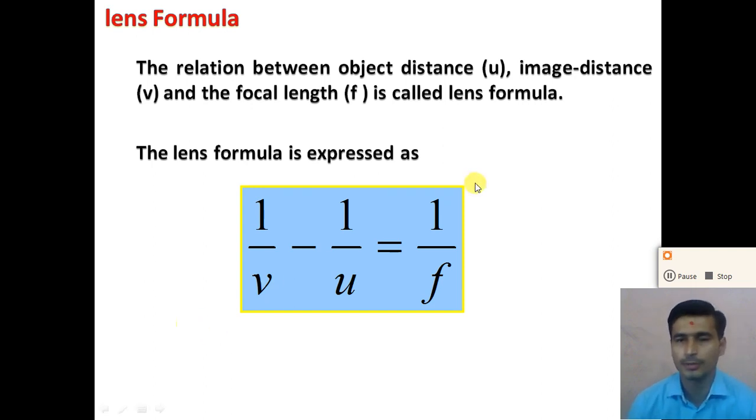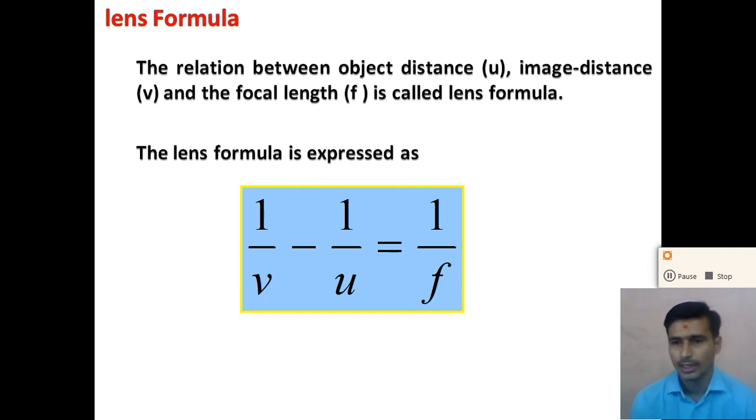The lens formula can be expressed as 1/v - 1/u = 1/f, right? Where v is the image distance, that means the distance of the image from the optical center, u is the object distance, the distance of the object from the optical center, and f is the focal length of the lens.